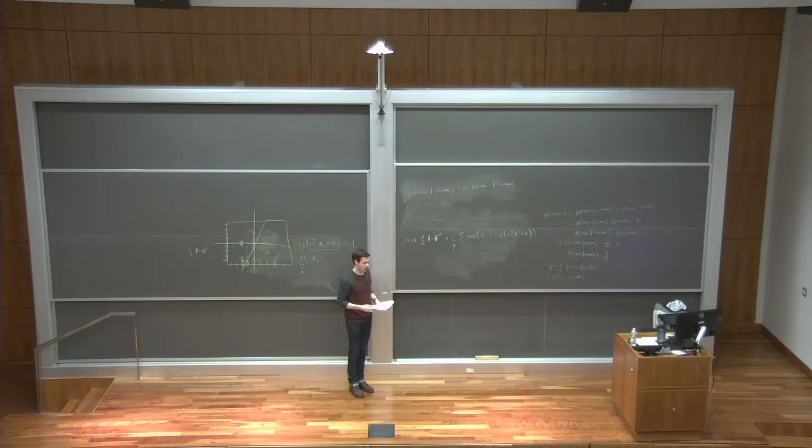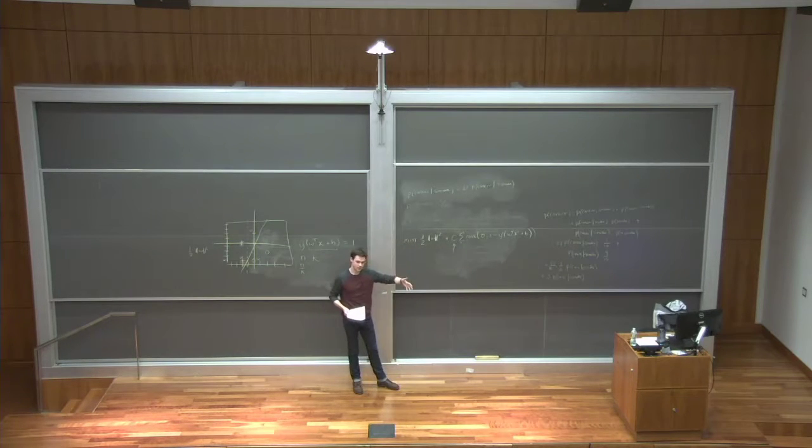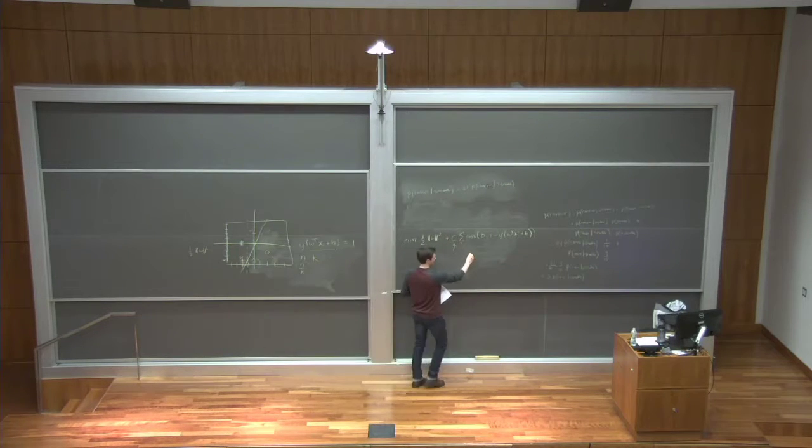You can interpret these two terms as follows: one has to do with the accuracy of the classifier on the training data, and the other is the regularization term, which is trying to encourage a simpler model. This is the accuracy term, and this is the regularization term.